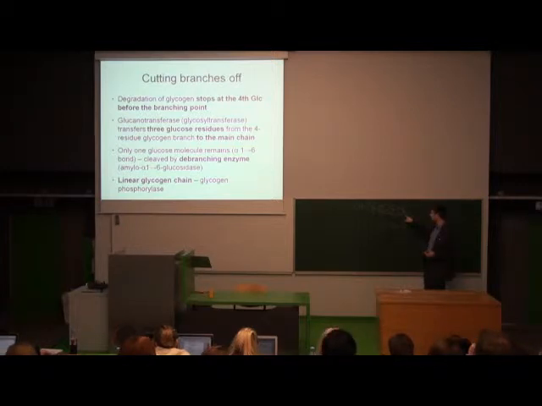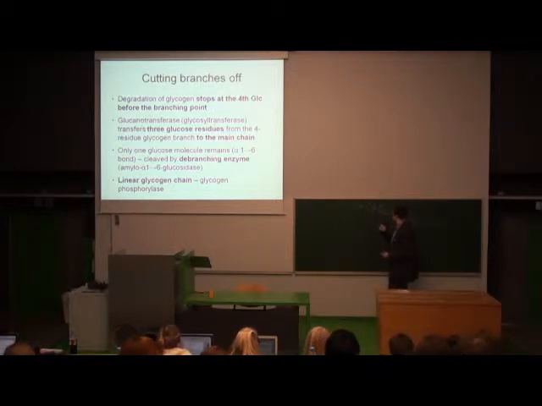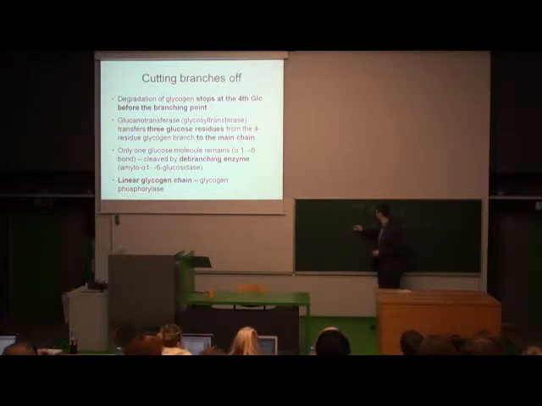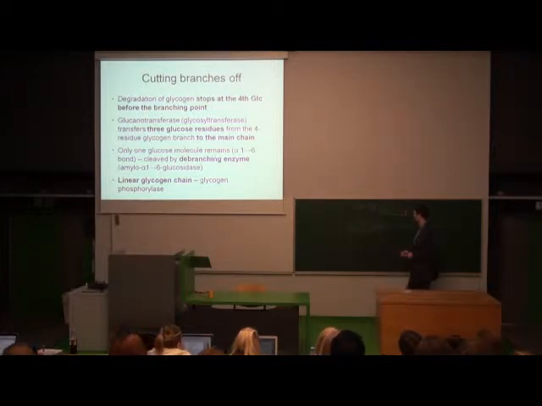It means destroy only alpha 1 to 4 bond and moves them here. So now you have one alpha 1 to 4 bond destroyed, here formed the alpha 1 to 4 bond.